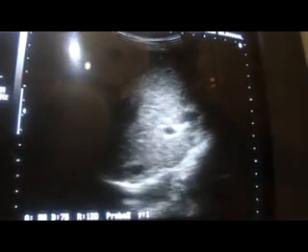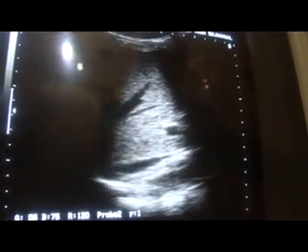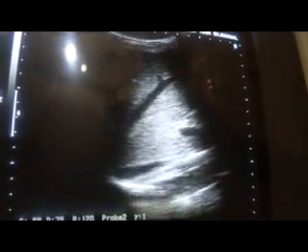The mass is so big, so large. Now this is the middle hepatic vein. The vein is okay. This is the middle hepatic vein entering the IVC.